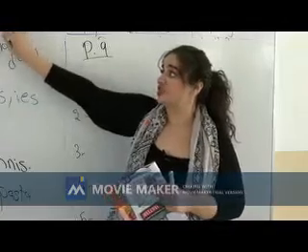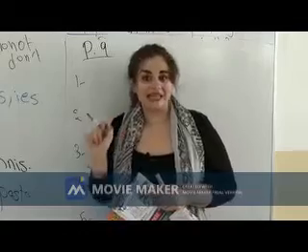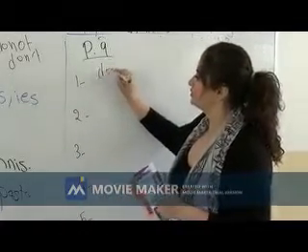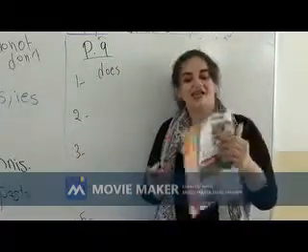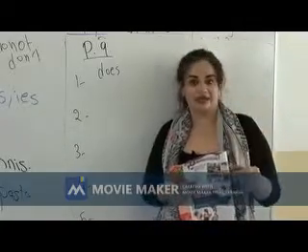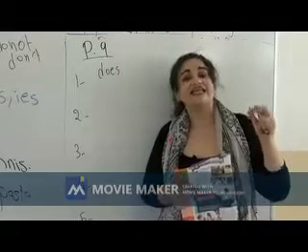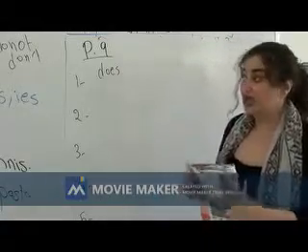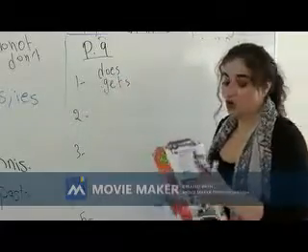When I have CH, SH, O, X, S, I put ES. So it will be "William does his homework when he gets home." He, what are you going to add? Are you going to put S or ES or IES? I'm going to put just S: when he gets home.